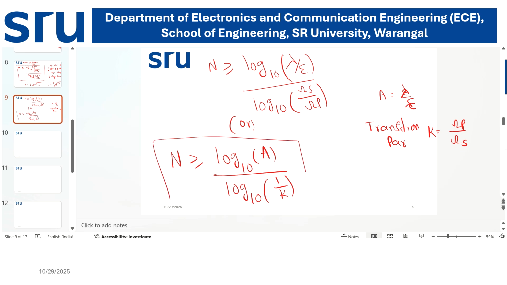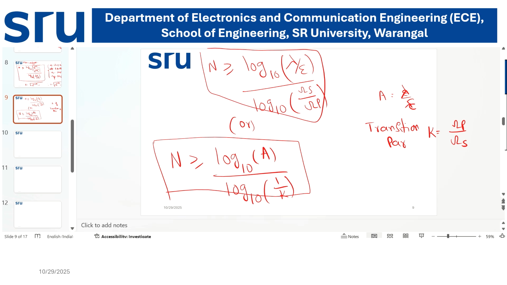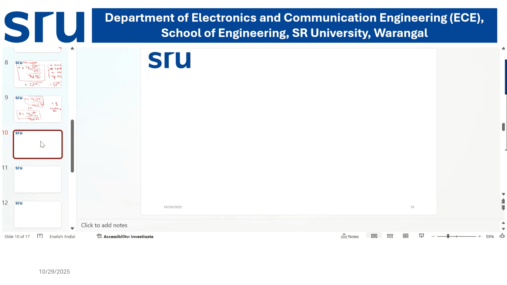So this is one more formula. To find the n value, we have three different formulas. Depending upon the given specification, we can use any one of them. Now next, finding the cutoff frequency.